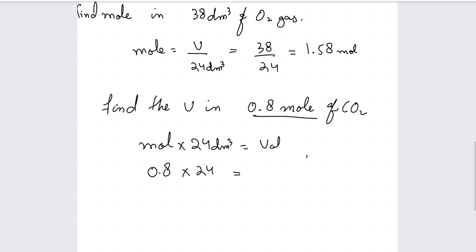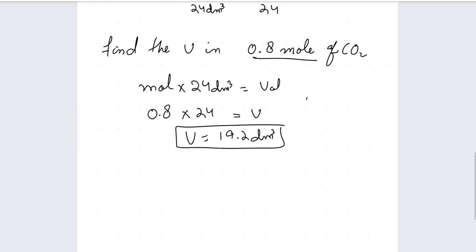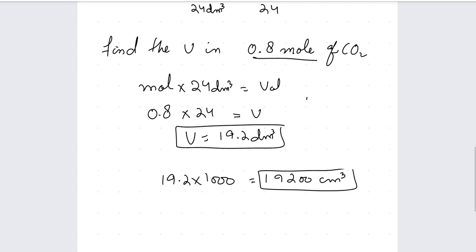When 0.8 multiplied by 24, it will be 19.2. The unit is decimeter cube. But if they ask you to find the volume in centimeter cube, just multiply 19.2 by 1000, so it will become 19200, and now it is converted into centimeter cube as well.